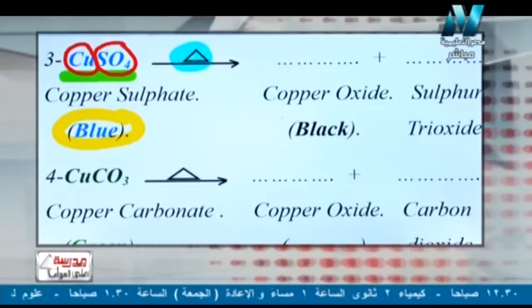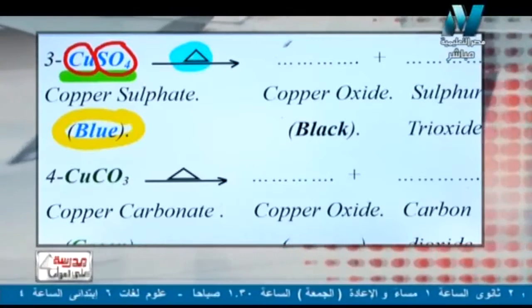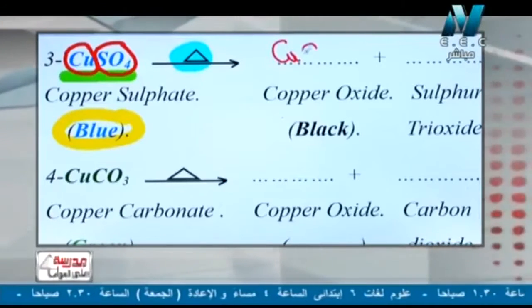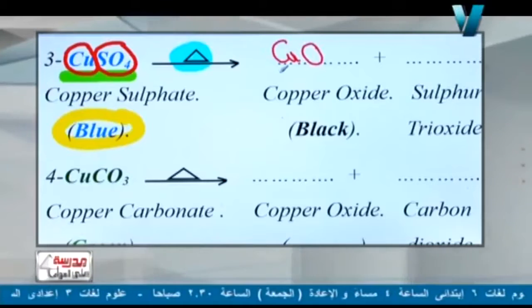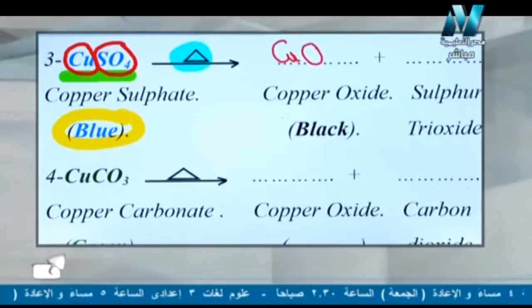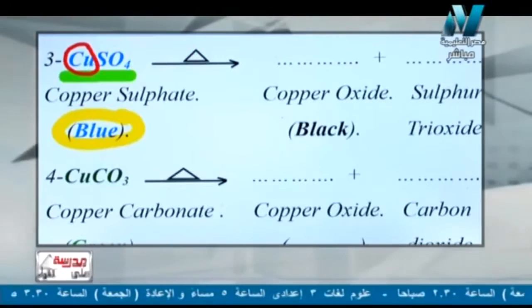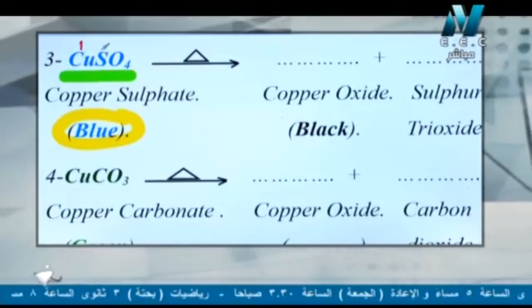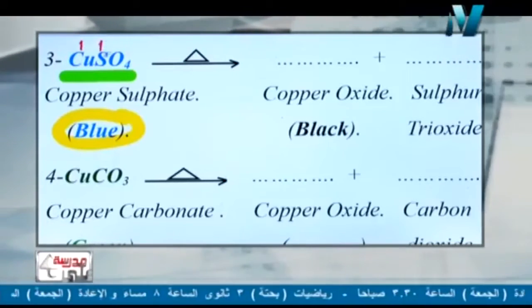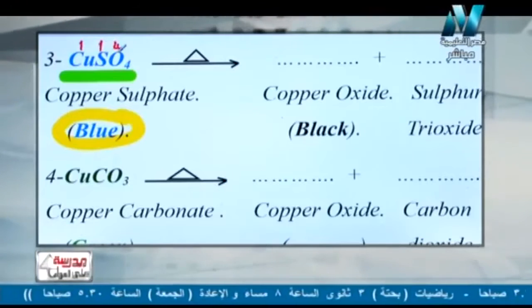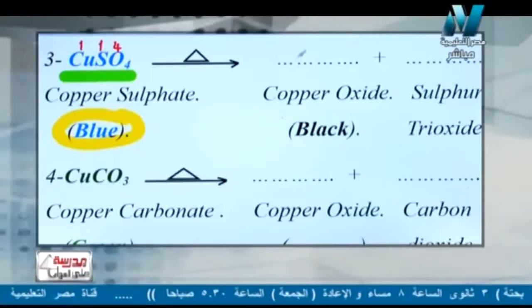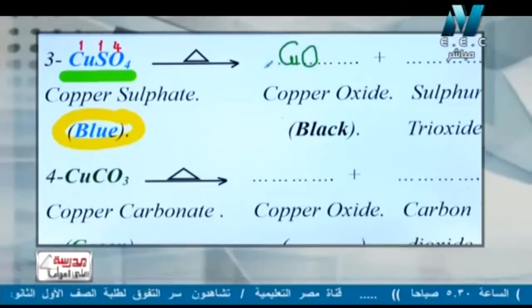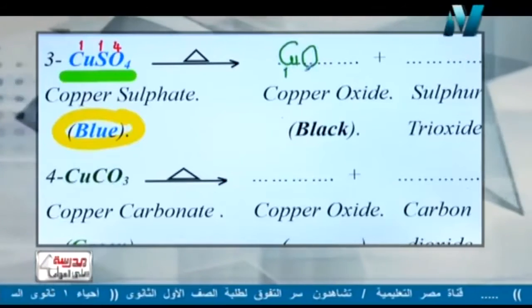What happened in this case? So we have CuO. How many copper? 1. How many sulfur? 1. How many oxygen? 4. So we have CuO, 1 copper, 1 oxygen.